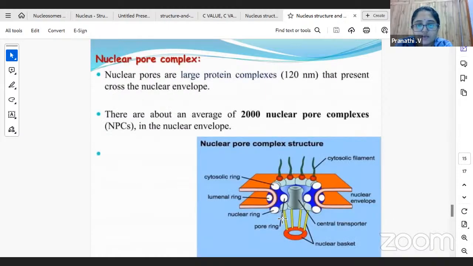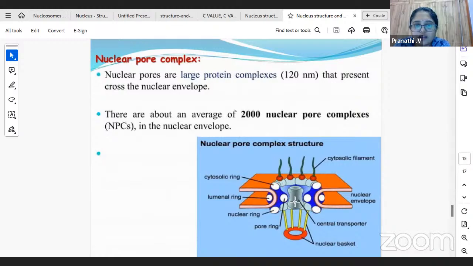What is happening is over here you have a ring-like structure and filaments which are facing towards the cytosol, and over here you have a pore ring. Please imagine this is the transverse section, so you can actually see half of it. It is a cylindrical tubule-like structure, and this is the central transporter, and this is the pore ring, and you have a nuclear ring on this side, a cytosolic ring, and a luminal ring.